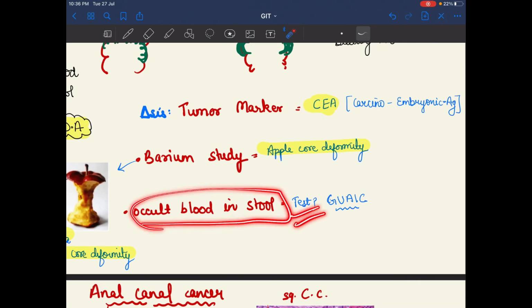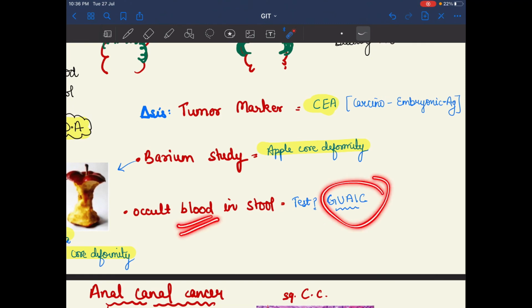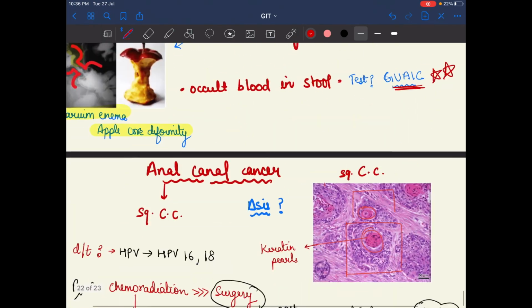And occult blood in stool is tested by guaiac. Please remember this also, guaiac. It is a test for occult blood.